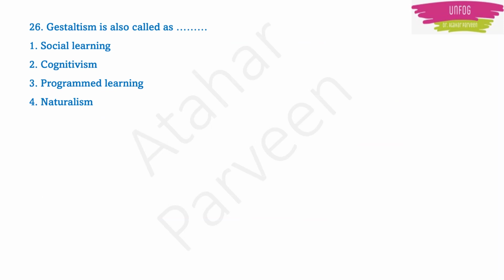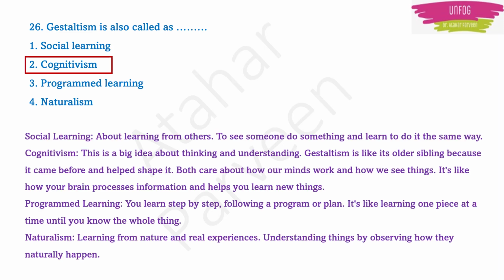Next, question number 26. Gestaltism is also called as, four options are given: social learning, cognitivism, programmed learning, naturalism. So Gestaltism, you can call it cognitivism also, because cognitivism is actually one big idea about thinking and understanding.